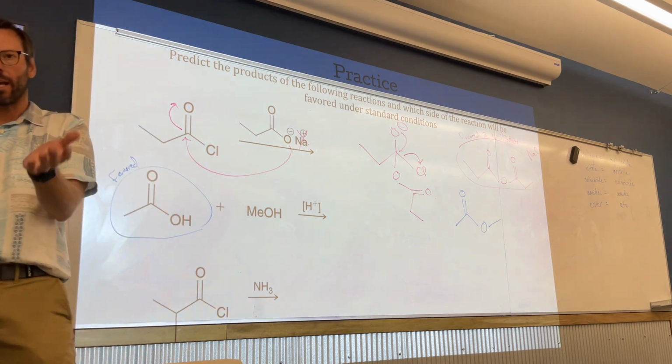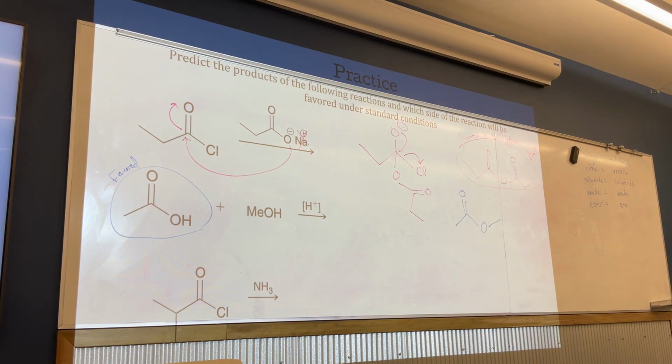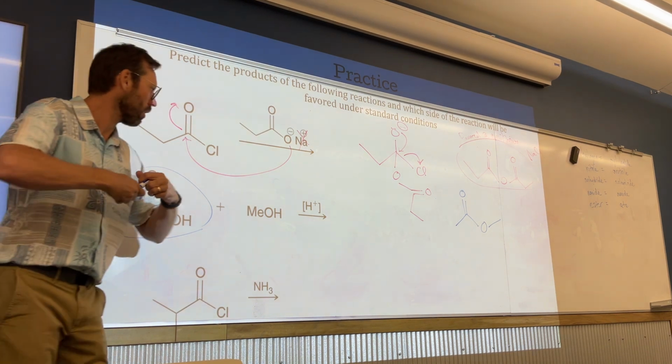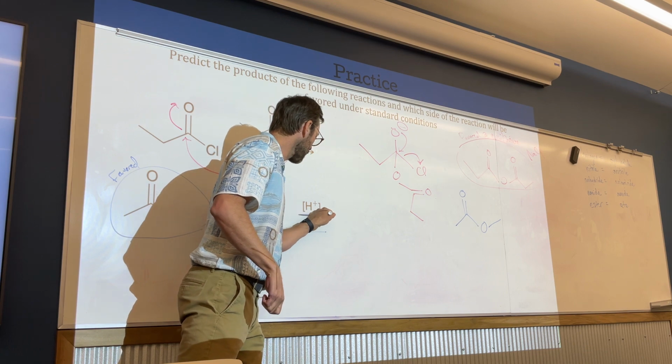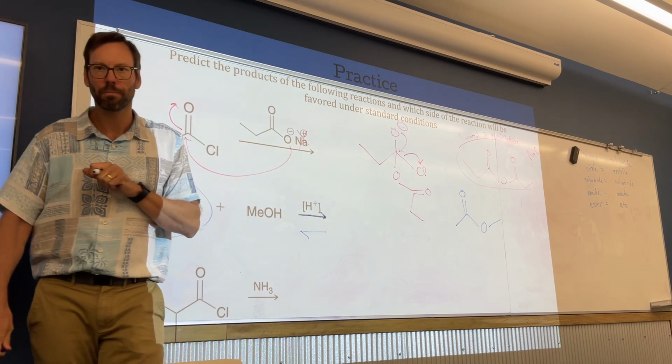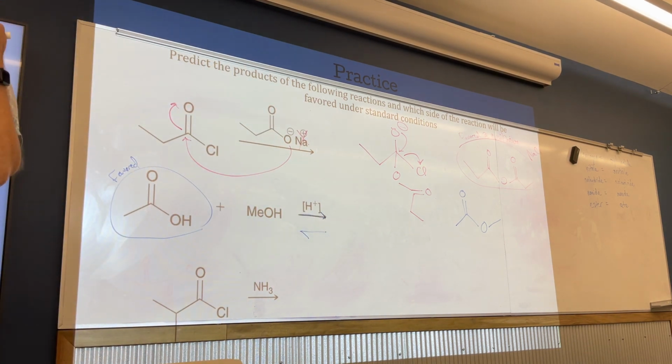If you change the concentration of one thing, it will shift equilibrium to produce more of the product. That's the most direct way.